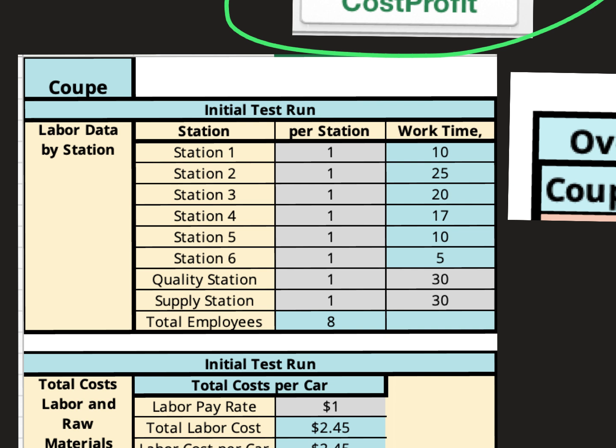This part is automatically drawn from adding the total amount of time that the initial test run had station 1 working. And then, as I said in the previous video, these numbers should be the total amount of time for the simulation, because the quality engineer and the supply engineer have to be on staff for the entire duration of the run.